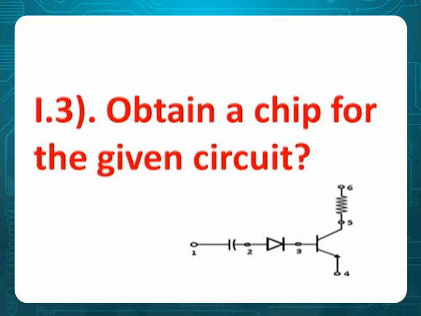Question number 3. Obtain a chip for the given circuit. For example, this circuit is given: capacitor, diode, transistor, resistor. There are 4 components. How do you put all these 4 components on a chip? I am really coming to the real essence of this topic, fabrication of a chip for a given circuit. Actually, this circuit is available.